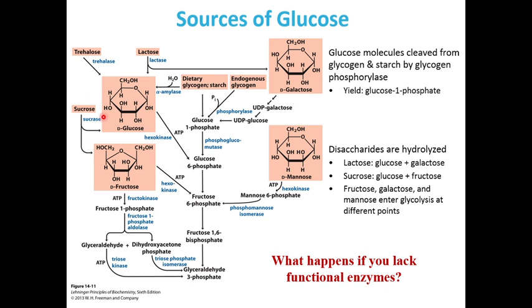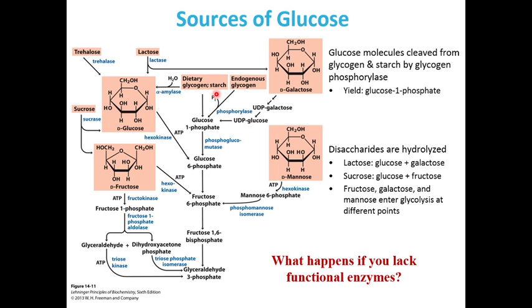Glucose can be obtained from sucrose. It's just table sugar. The enzyme sucrase converts sucrose to glucose and fructose. Glucose can then enter glycolysis via the hexokinase pathway.